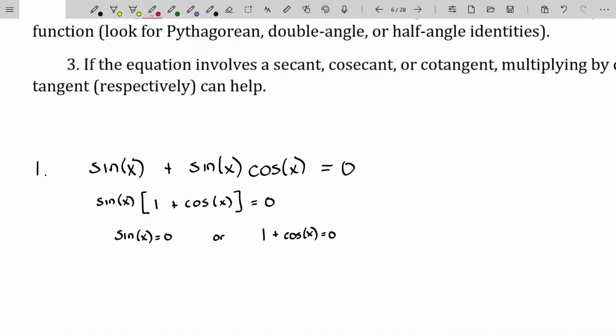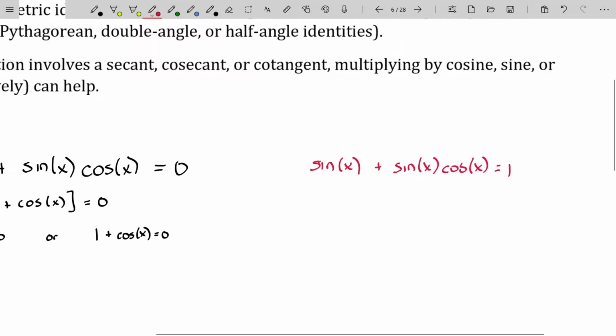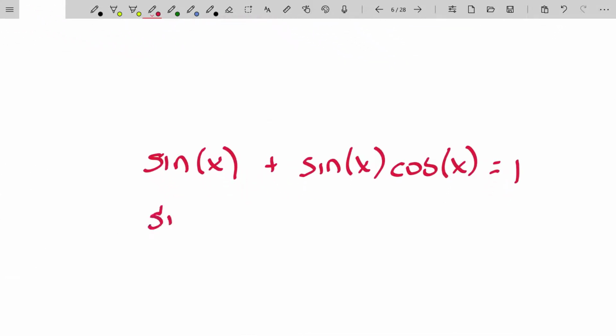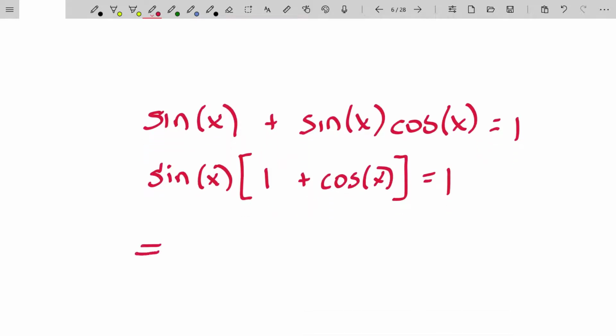Where it's not going to work is if it was something like this: sine of x plus sine of x times cosine of x, which so far looks like it's going to work, is equal to 1. Now we're in trouble because we know from algebra that while you could possibly factor this out just because you can, this does not imply that sine of x is equal to 1 or 1 plus the cosine of x is equal to 1.